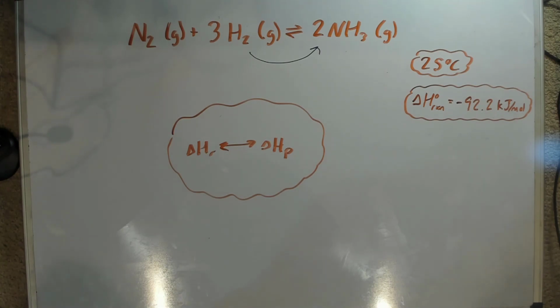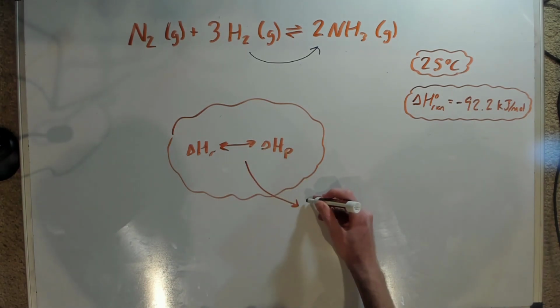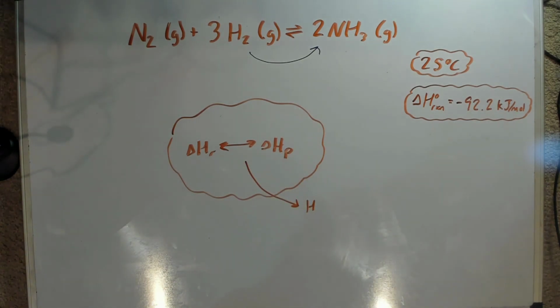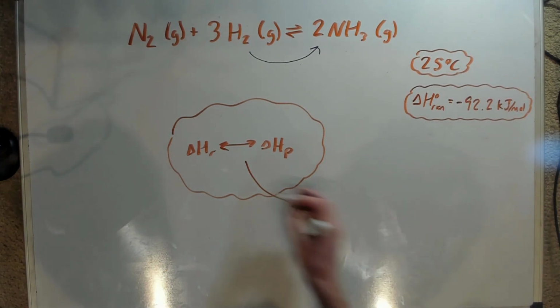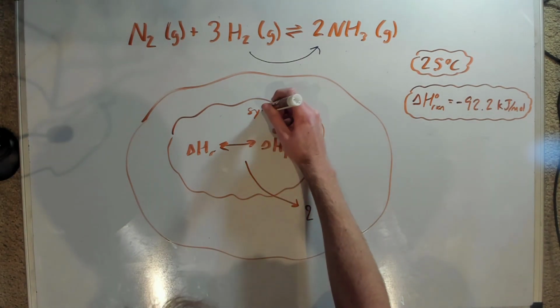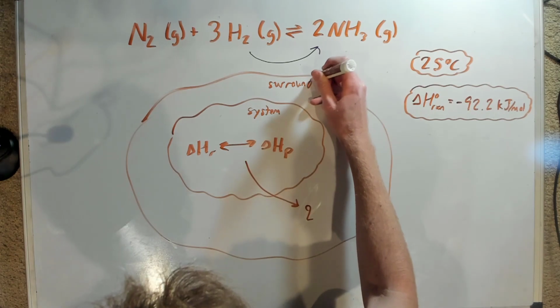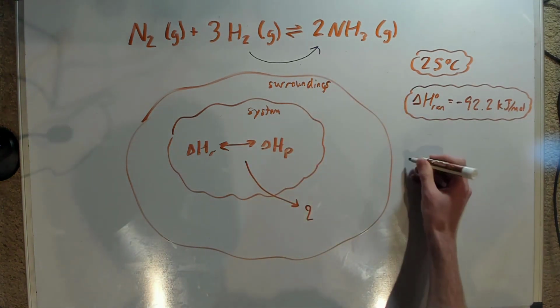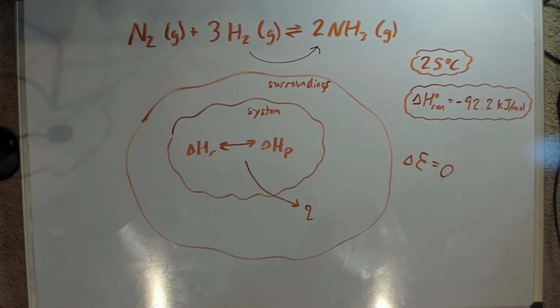It's just saying that the amount of energy you get from products is equal to reactants, or if something somewhere down the road loses some Q heat energy, overall in the bigger system of the surroundings, so this would be the system, this would be the surroundings, overall change in E is equal to 0. Energy stays constant throughout the system.